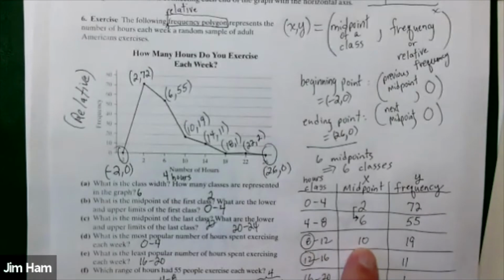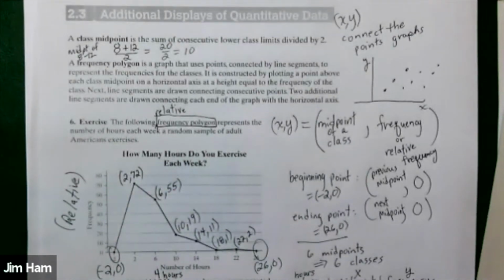Plus 12, and there's the midpoint. All right, so if the numbers are messy, you can use this formula. And it turns out that it's only the frequency polygon that uses the midpoints.